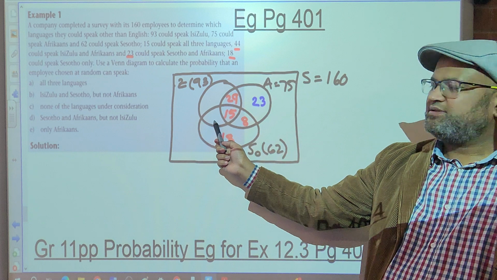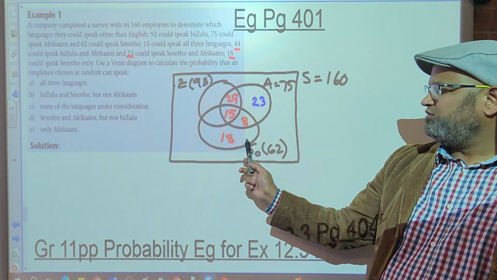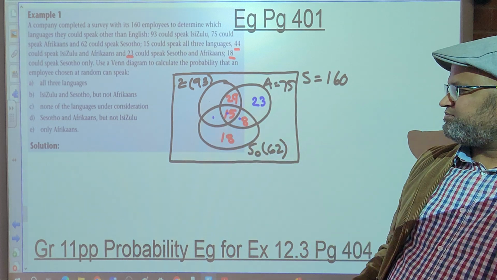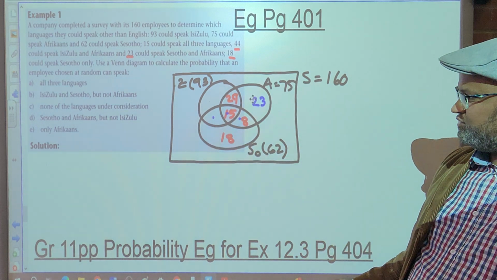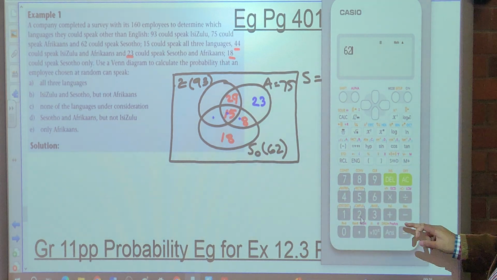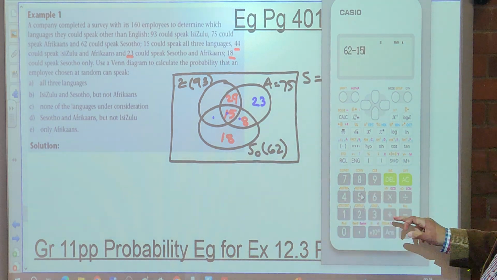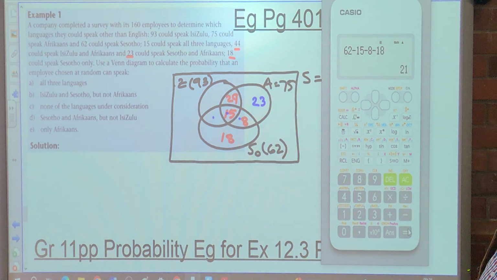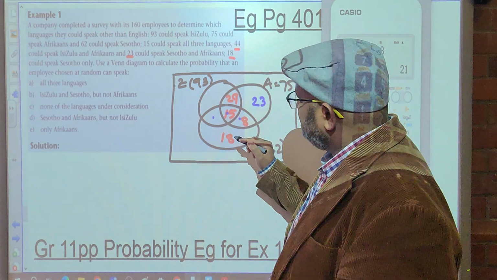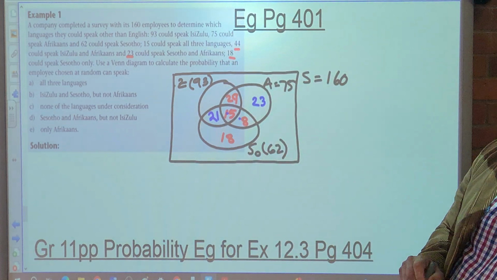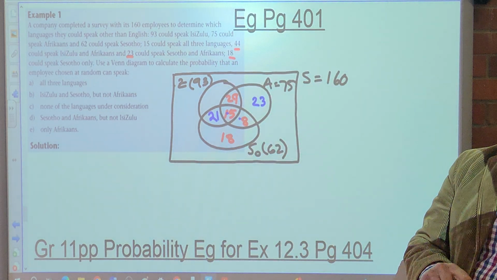Can you see that, people? However, for Sesotho, this plus that plus that plus that adds up to 62. So I can simply say 62 minus 15 minus 8 minus 18 gives us 21. There's 21 that speak Zulu and Sesotho only.